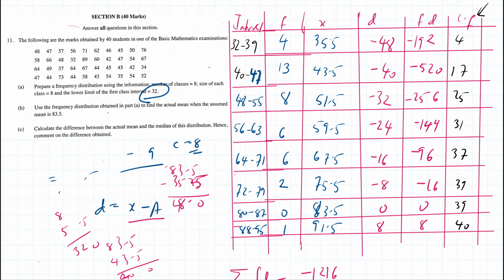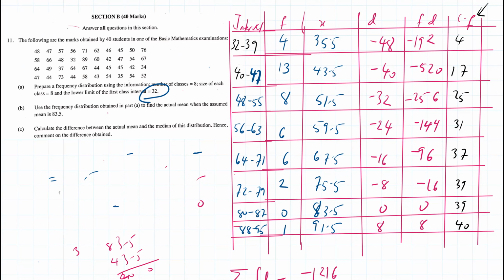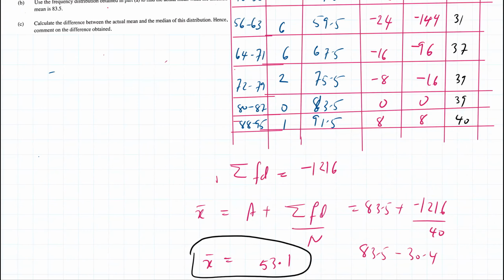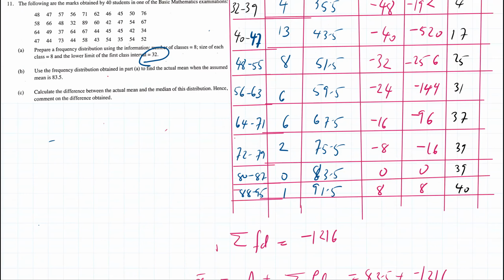So we're going to find the median now. How are we going to get the median? Let us see. First of all, we have to check the class with N divided by 2. N is 40, and 40 divided by 2 equals 20.